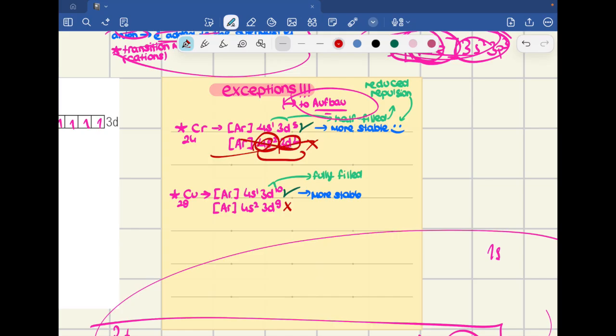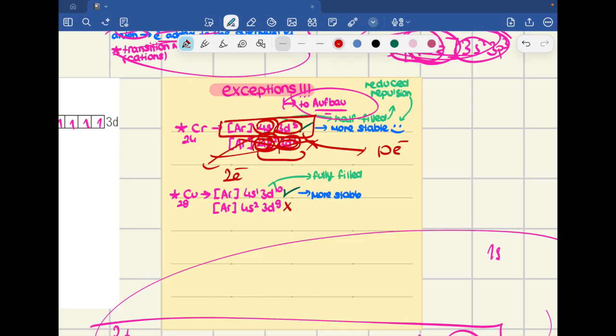But this is not the case because this actually makes the atom unstable. We don't want this. So instead, this is the electron configuration. Here the 4s sublevel is partially filled, and it's the same with 3D. As you know, 3D can hold a maximum of 10 electrons, and 4s can hold a maximum of 2 electrons.